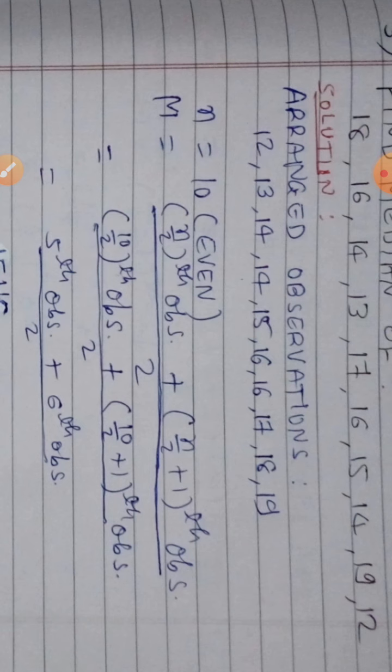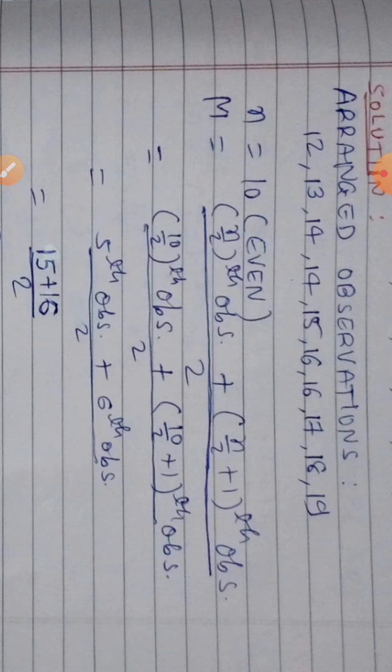So here the second formula, formula B, is used: (n by 2)th observation plus (n by 2 plus 1)th observation, divided by 2. So n is 10 here, so the value of n is placed. So what results? The fifth observation, 10 by 2, then fifth plus 1, the sixth observation. So the fifth observation plus the sixth observation divided by 2.